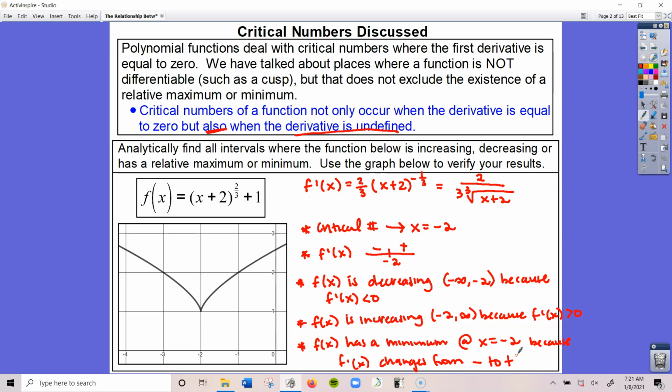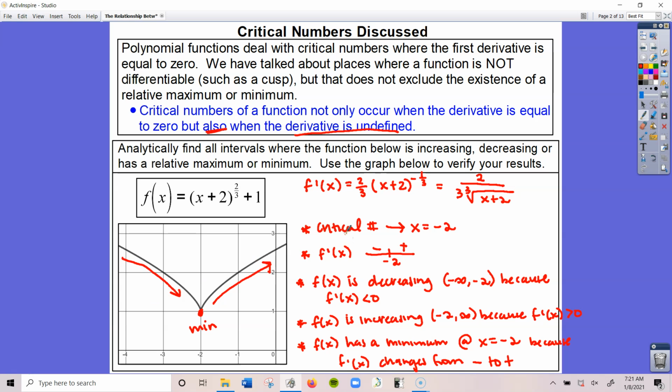And then we would also say that f of x does not have a maximum because f prime of x never changes from positive to negative. And if you look at your graph here, from negative infinity to negative 2, my graph is indeed decreasing. And then from negative 2 to infinity, my graph is increasing. And here is the minimum value. So everything that we found here is confirmed on the graph.